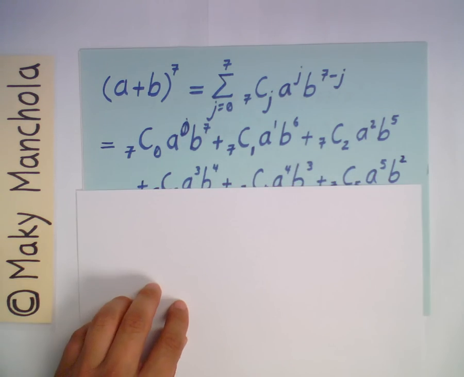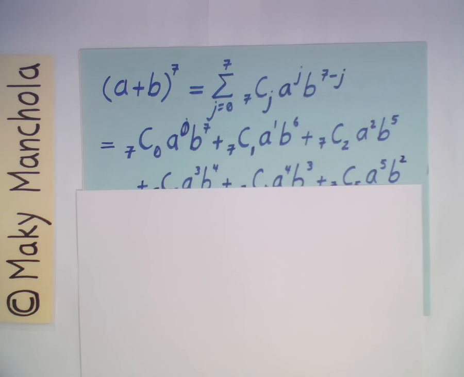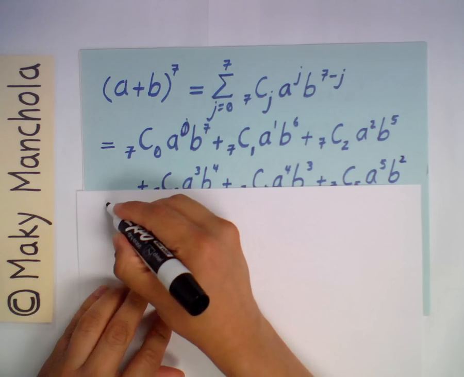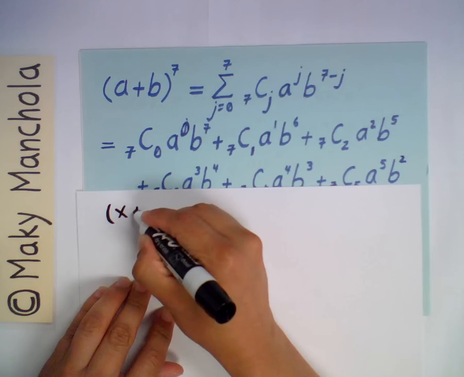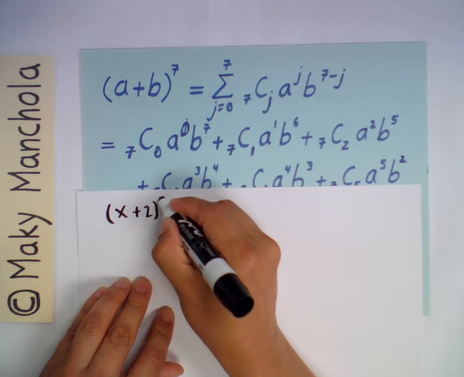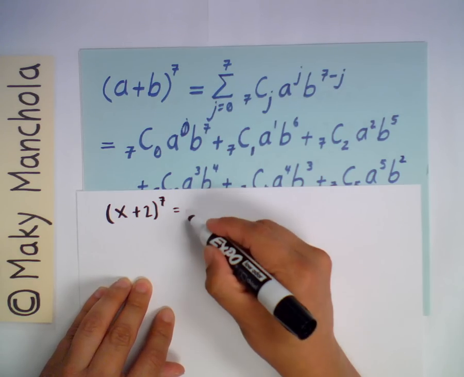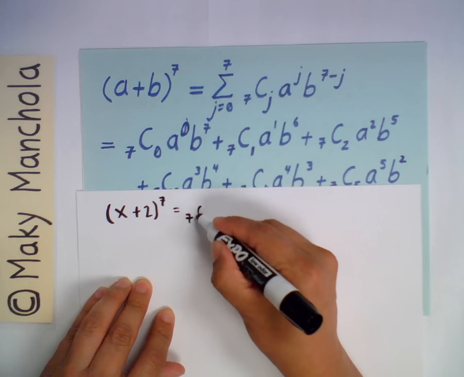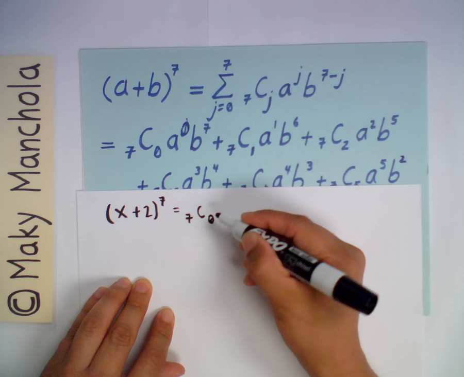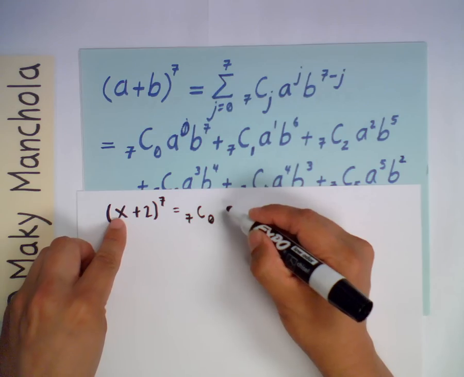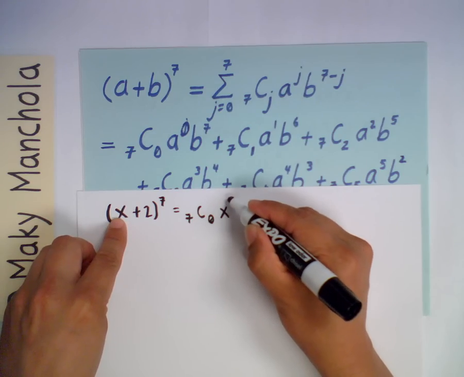So we are expanding x plus 2 to the 7th, which we know to be 7 choose 0, x to the 0.